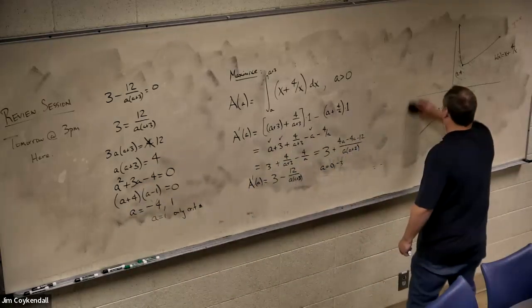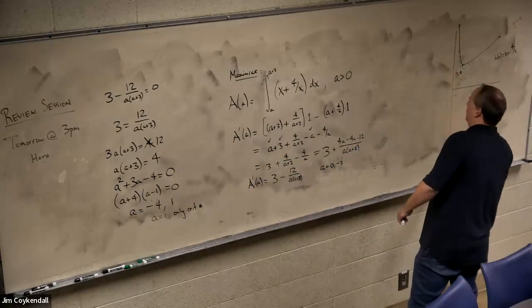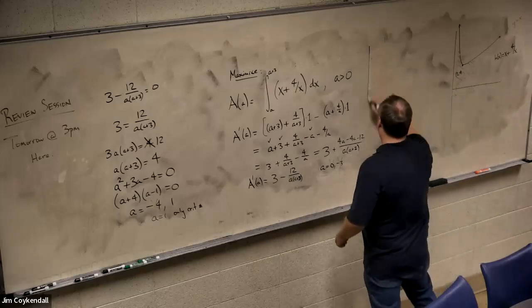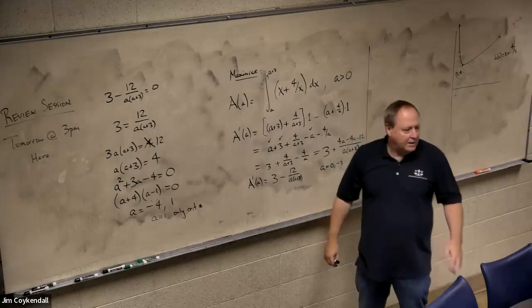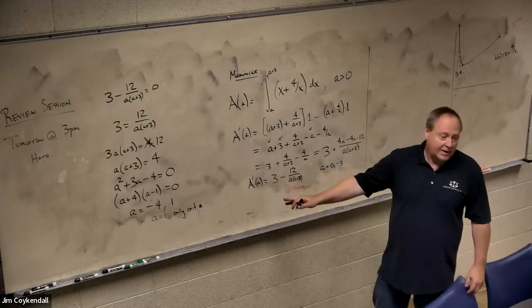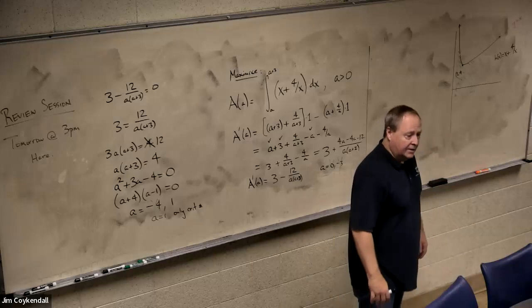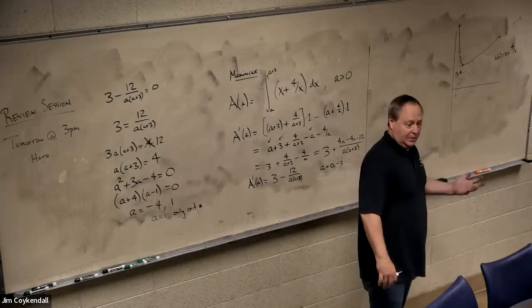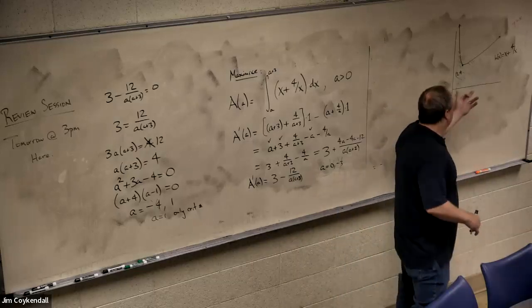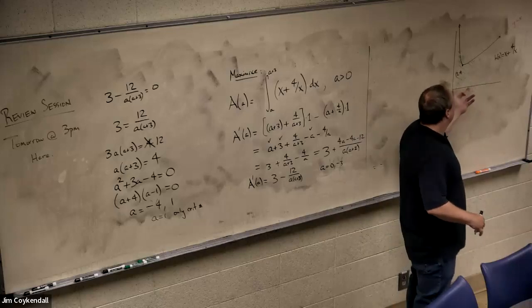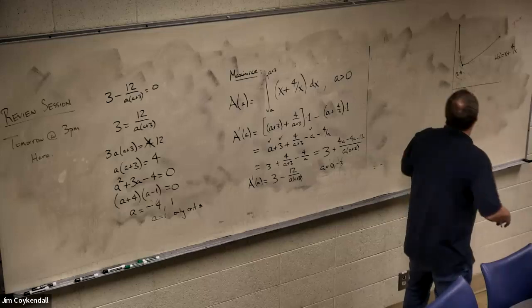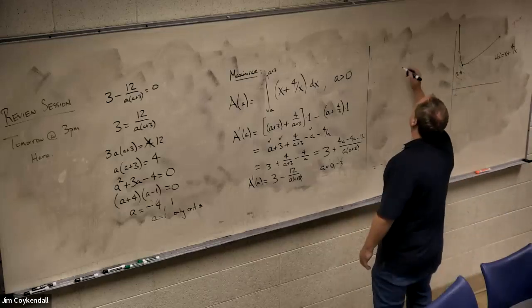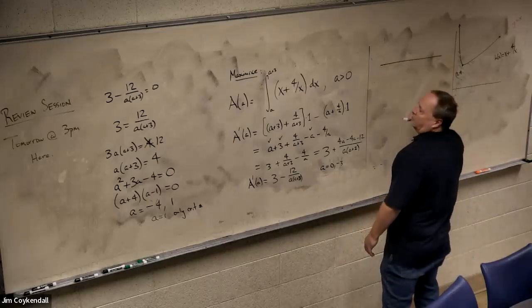So, I guess I can erase this now, since it's not important. What I need to do, of course, is verify that this actually gives me a minimum. This could be a maximum, or it could be a red herring. Doesn't seem this way. Again, you can argue geometrically that this has to be a minimum. No way it's a maximum. But we'll check it this way.